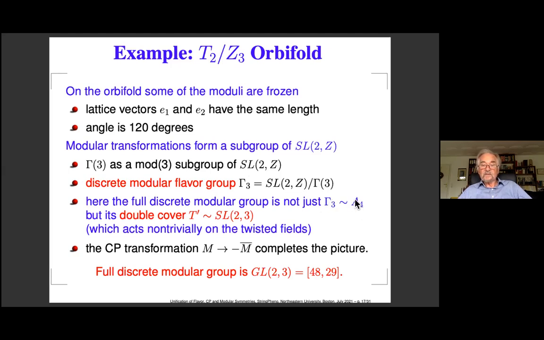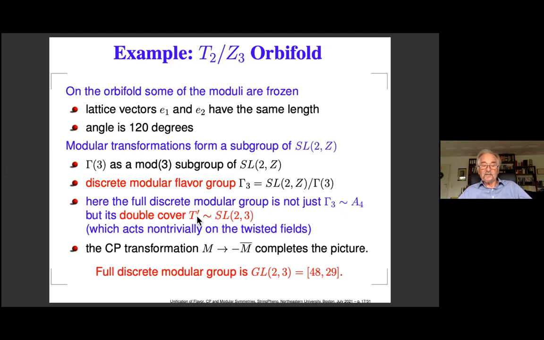So that's just a fact. It's an isomorphism. Gamma 3 is A4. But in fact, here we have to deal with the double cover T prime of A4 because the twisted fields act non-trivially. So this Gamma 3 will act on the moduli as A4, but if it acts on the twisted field, it acts as T prime.